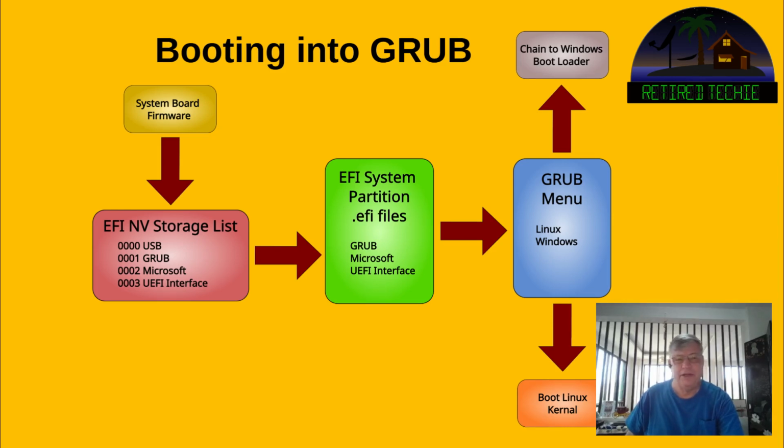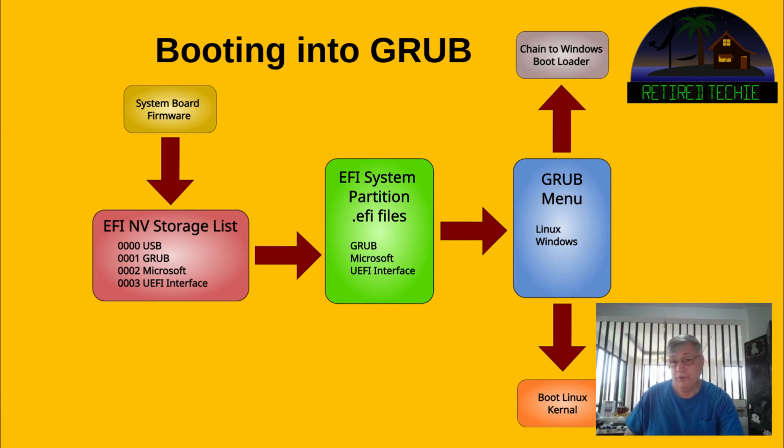And depending on the firmware on your system board, you may get the UEFI interface, maybe called a few different things, but this would be kind of like your old BIOS screens, but in the UEFI mode, where you can adjust settings and things like that. And that would be the fallback, assuming no other device could be found.